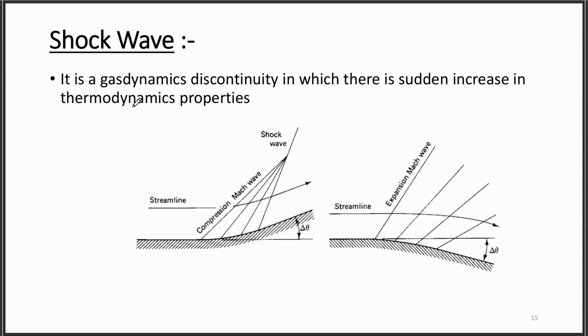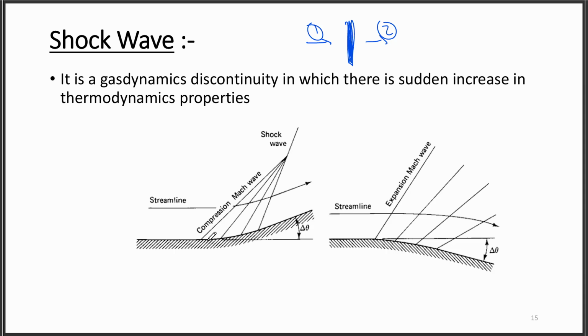So what is a shock wave? It is nothing but a gas dynamics discontinuity in which there is a sudden increase in thermodynamic properties. Let's say there is one shock. We consider it as a discontinuity. So let's say there is property 1 here, property 2 here. So there is a sudden drastic change in properties. How does it form? Let's say there is one compression ramp.